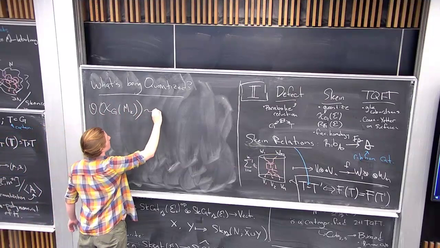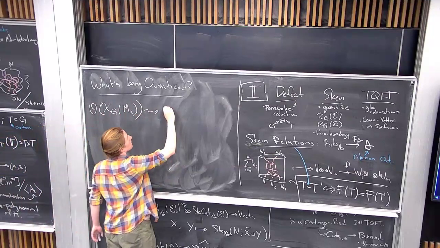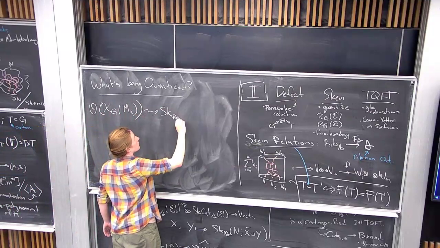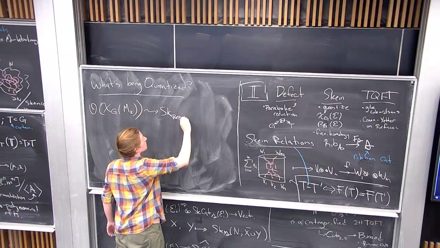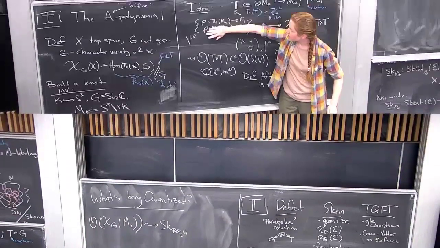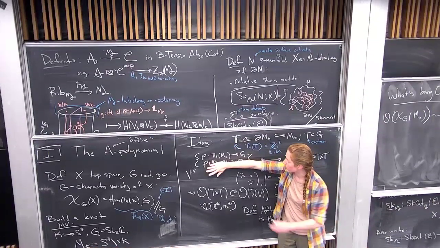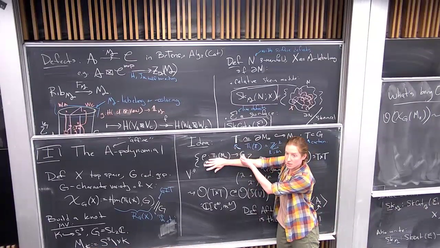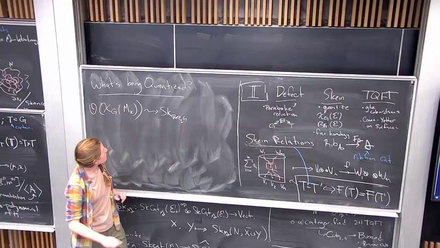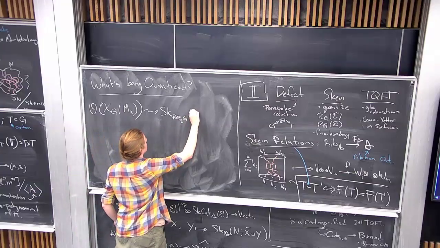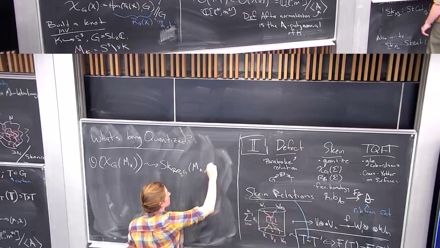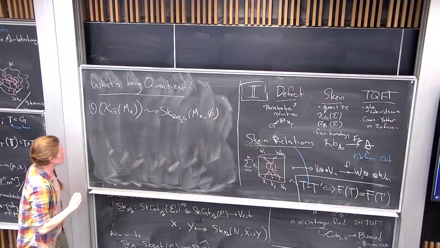So this is quantized by this relative skein module, rep QG. In this story, when I'm not thinking about this Borel yet, I don't have any defects, right? Everything's G. So now I don't need to write a defect here, I just need to write a ribbon category. So this is the relative skein module, sort of an empty boundary condition.